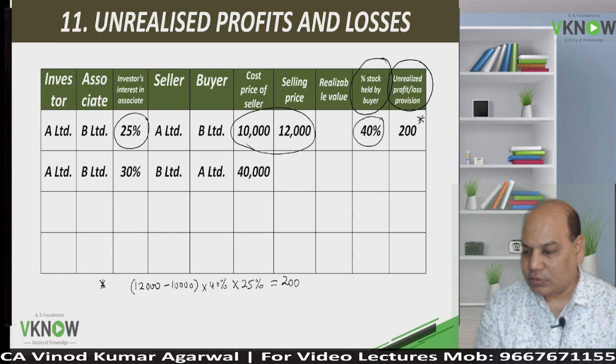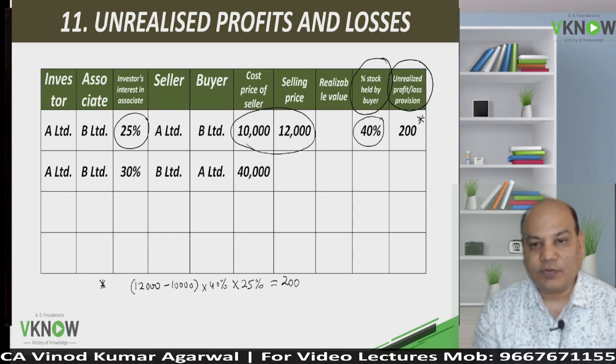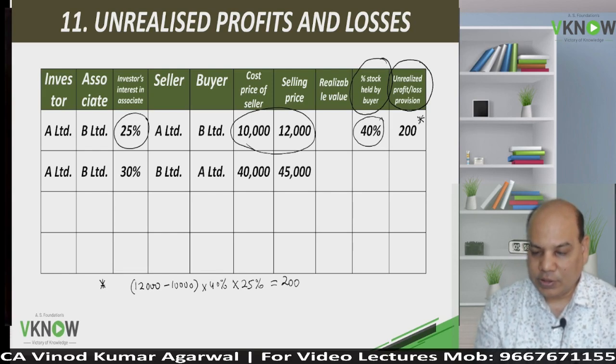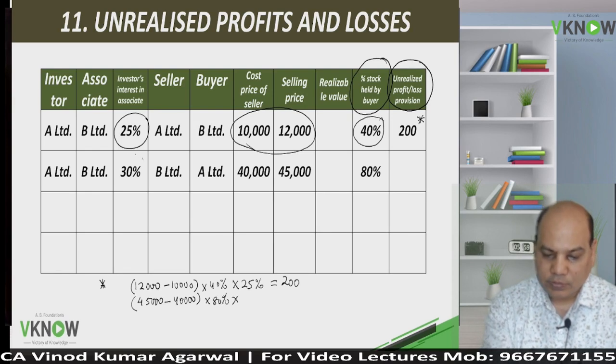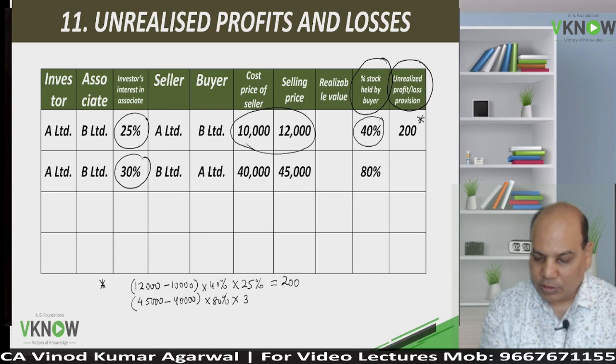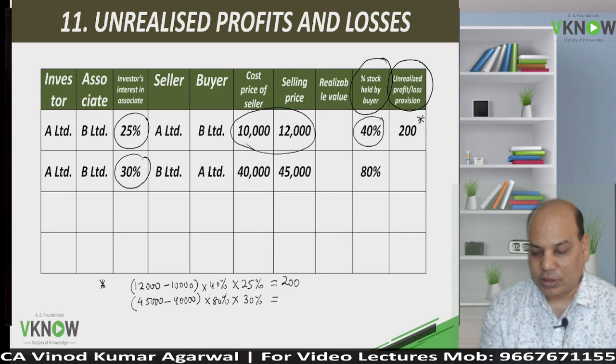Next, I will take case number 2. Cost price 40,000, selling price 45,000. So it is sold at a profit, 45,000 minus 40,000. And unsold stock is 80%, and multiply by share of investor in associate 30%.